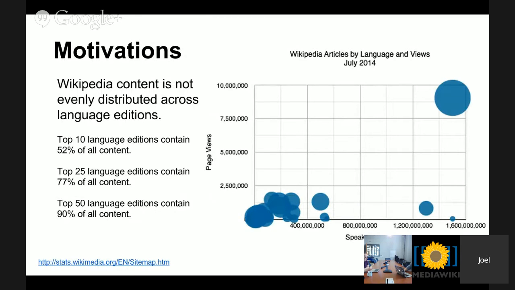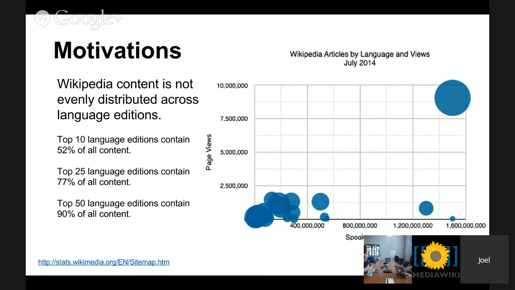The first thing I want to do is kind of go through what our motivations for building this tool are. And the first motivation is that Wikipedia content is not evenly distributed across the different language editions or sites that make up Wikipedia. As you see on the slide here, the top 10 language editions contain 52% of all content.